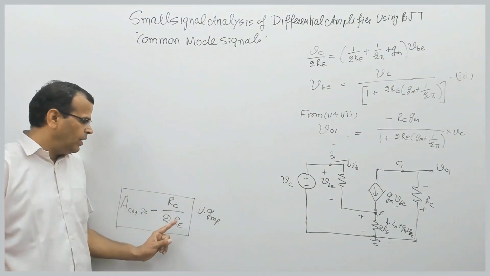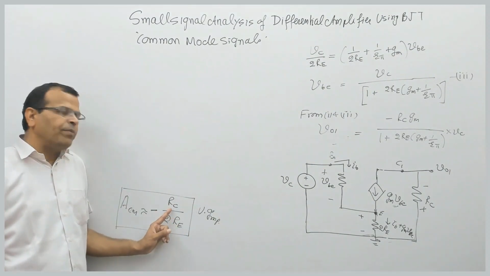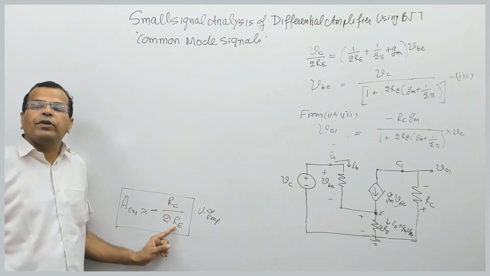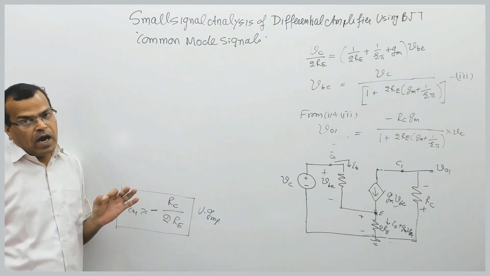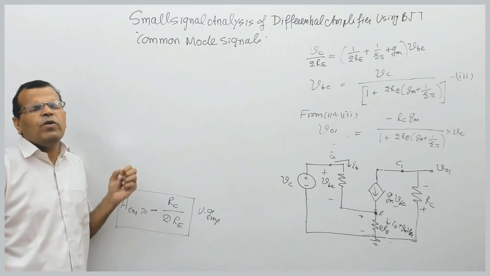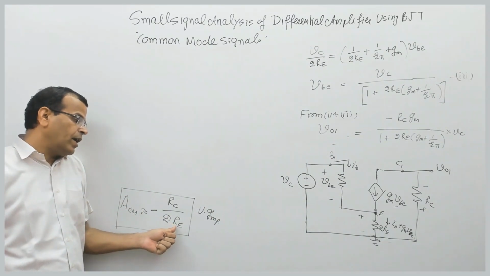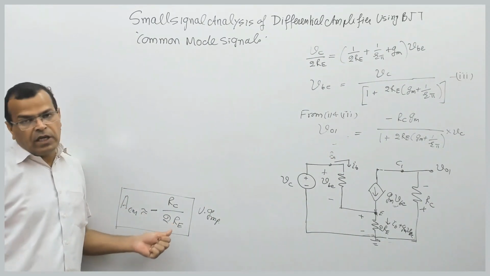What I find is that the common mode gain can be increased by increasing Rc, and it can be decreased by increasing Re. Ideally, the common mode gain should be as small as possible, and that can be reduced by increasing Re.